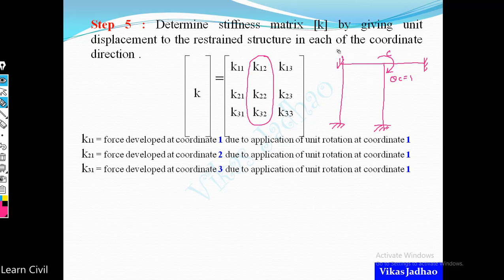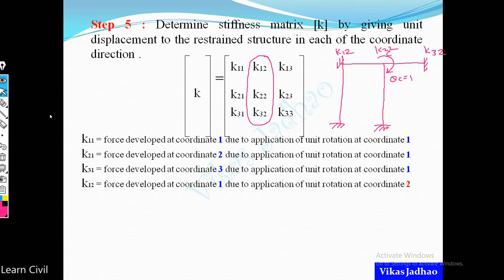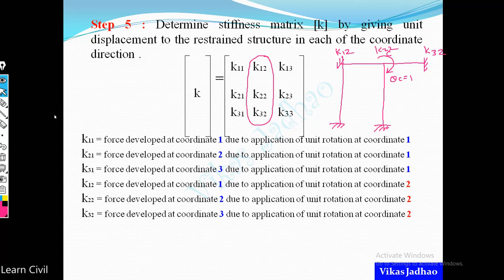We will have K12 here, the force developed at coordinate number 1 due to application of unit rotation at coordinate number 2. K22 will be here, the force developed at coordinate number 2 due to application of unit rotation at coordinate number 2, and K32 will be here, the force developed at coordinate number 3 due to application of unit rotation at coordinate number 2.